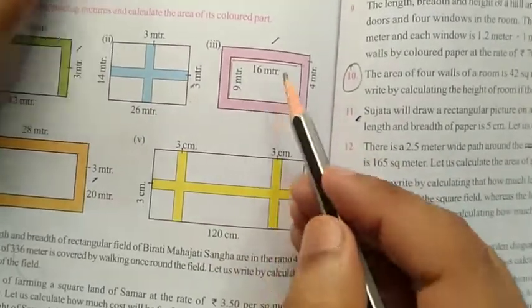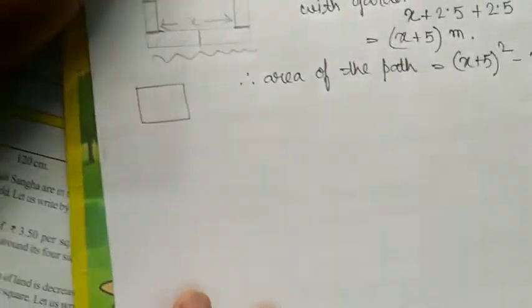Therefore we find the area of the path. Similarly, this is the same procedure.